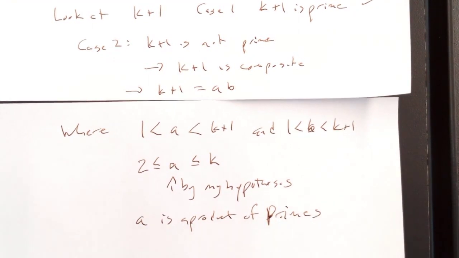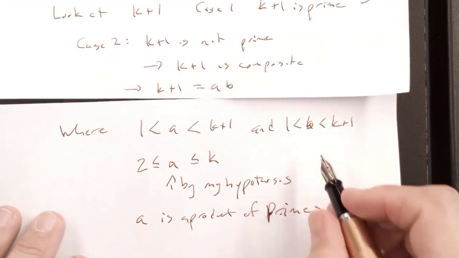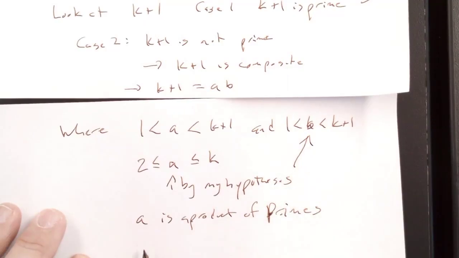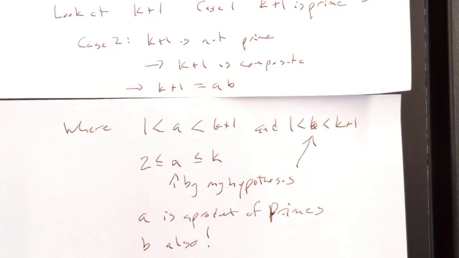For the exact same reason, so is b, right? What does that mean about k plus 1? k plus 1 is a times b, product of primes, more product of primes. Isn't that a giant product of primes?